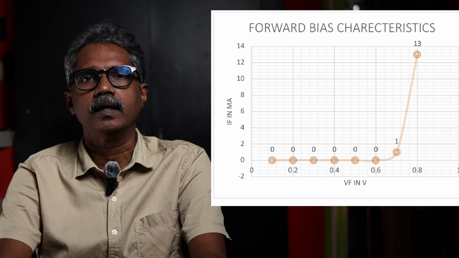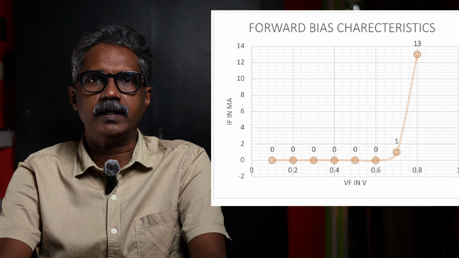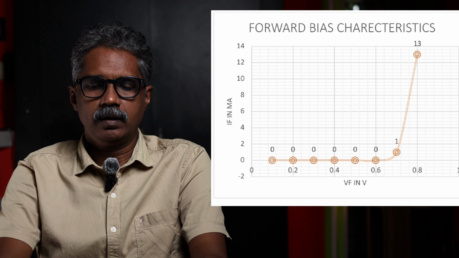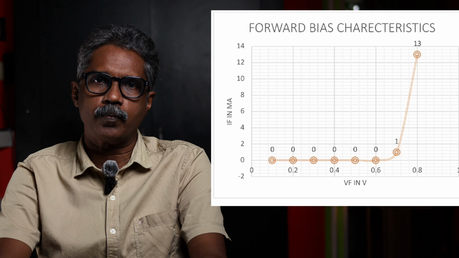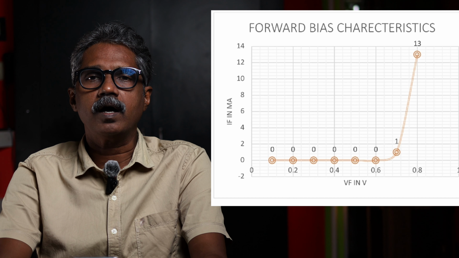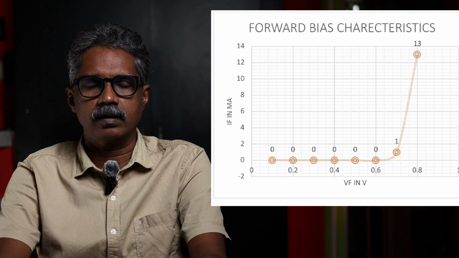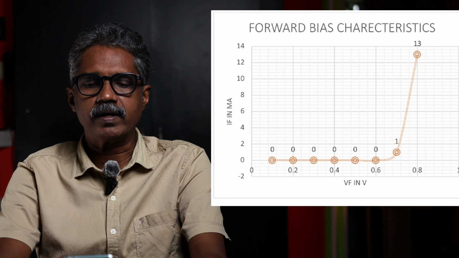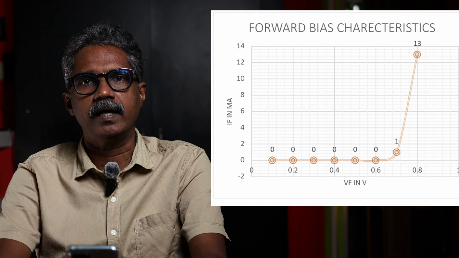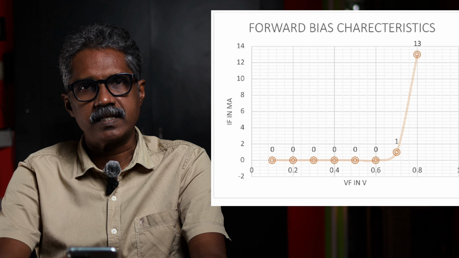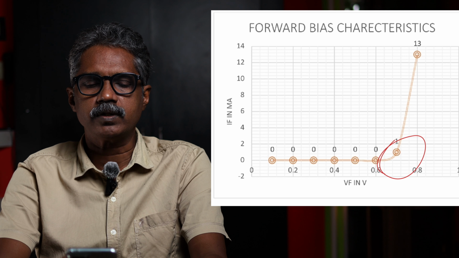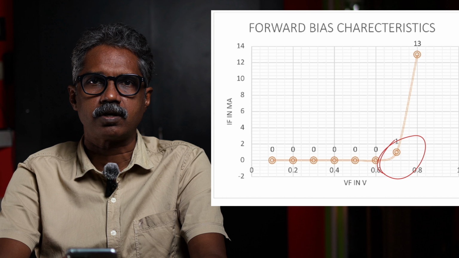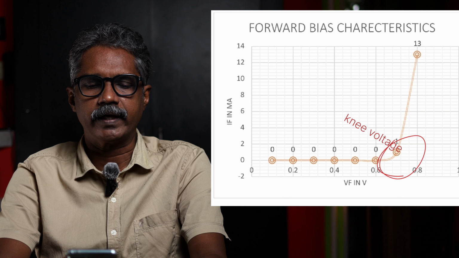That is because of the barrier potential of the ZENER diode. When the forward voltage is increased beyond 0.6 volts, we are getting forward current. Forward current gradually increases, and after 0.7 volts, the forward current increases exponentially. So the 0.7 volt is called the knee voltage.